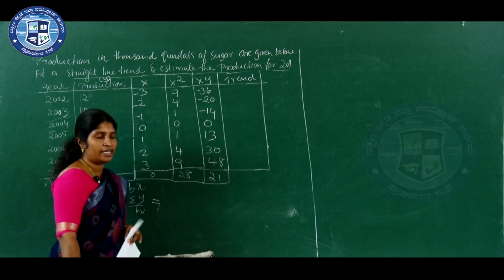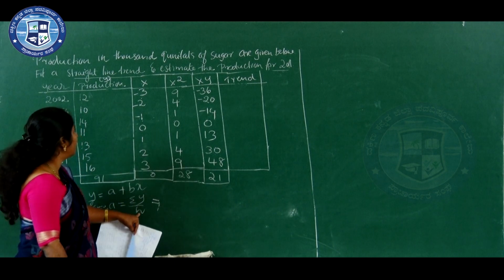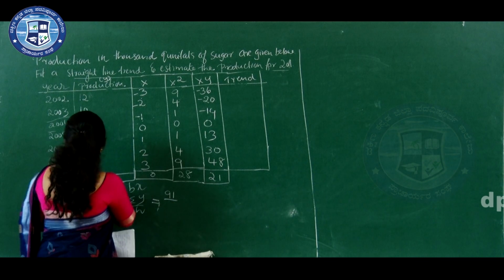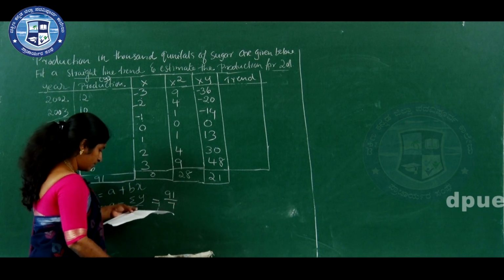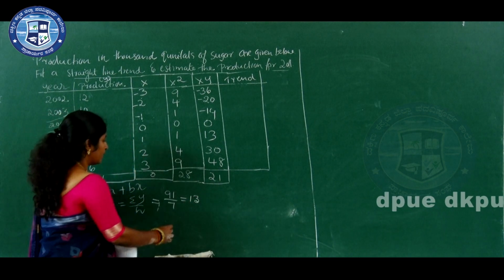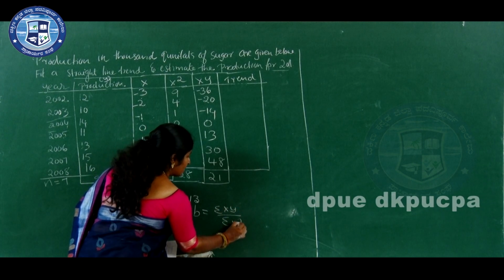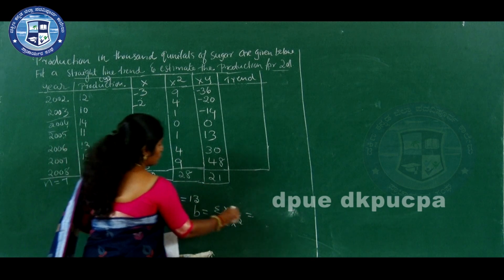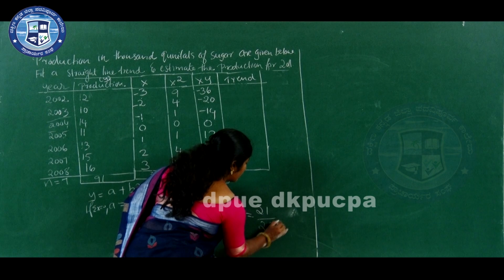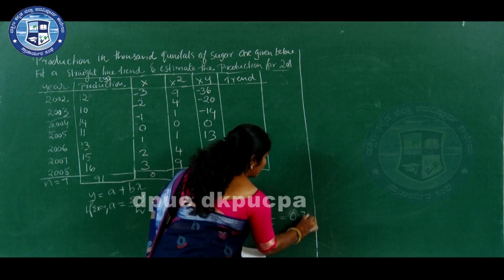Now a is summation y divided by n, 91 divided by 7, that is 13. Next, find b. b is summation xy divided by summation x square, 21 by 28, so b is 0.75.